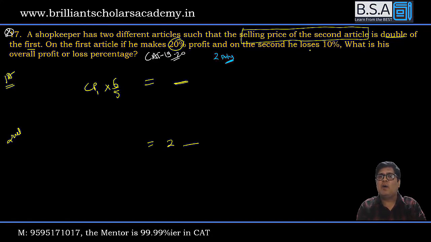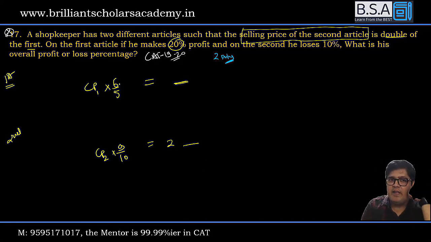On the second one, what happens? There is a loss of 10%. How do you write 10% loss? You write 9 upon 10 into cost price is equal to this. Now, I do not want to create equations. Listen carefully. Can I say this 6 will come in the denominator when I calculate cost price?